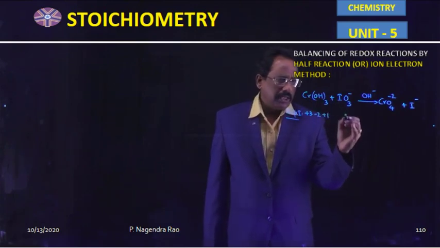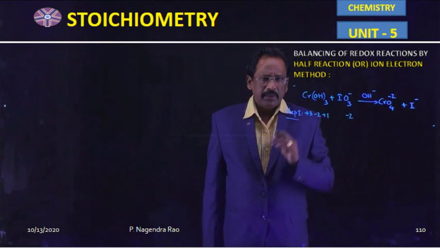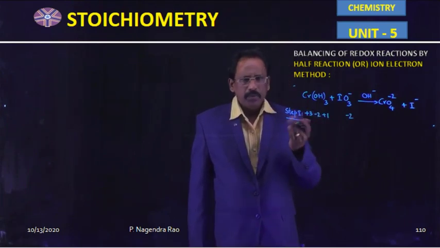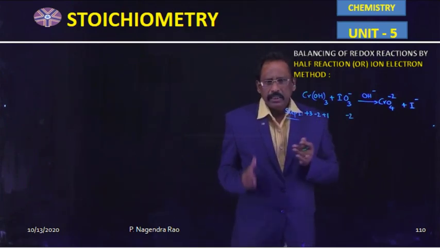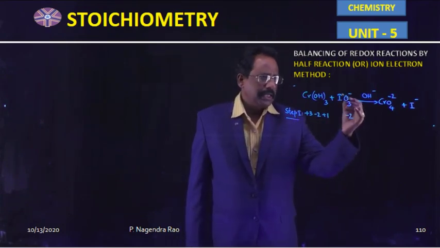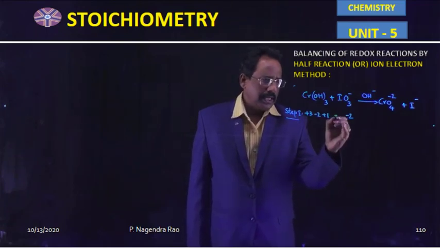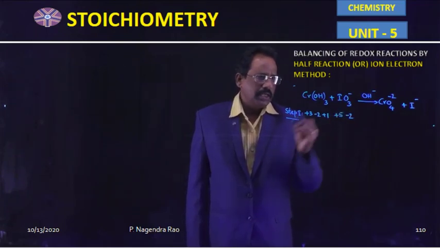Similarly, in IO3 minus, O oxidation state is fixed. From compound to compound, iodine oxidation state varies. That's why x minus 6 is equal to -1 and x is equal to +5.